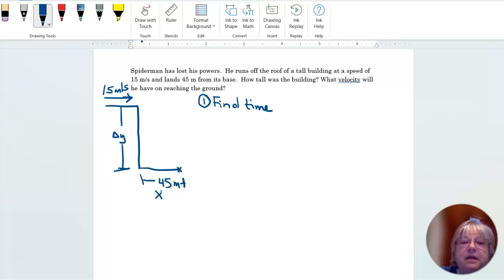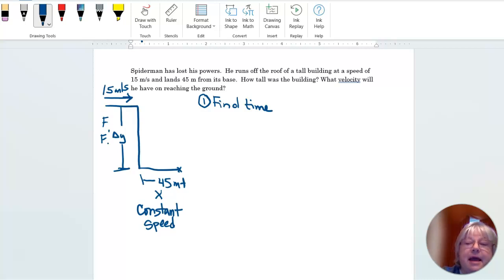Now, in the horizontal, we have to remember we have constant speed. In the vertical, we don't. In the vertical, we have free fall. I'm just going to say FF. Okay? Now, what do I know?